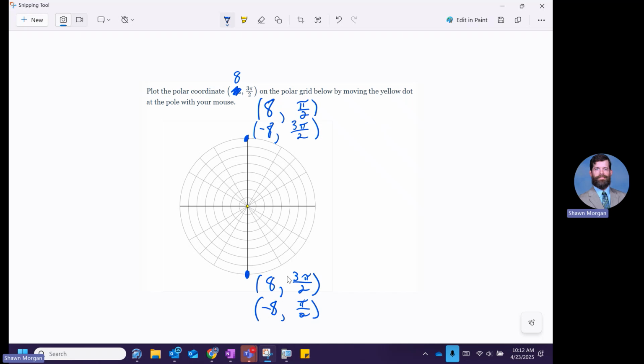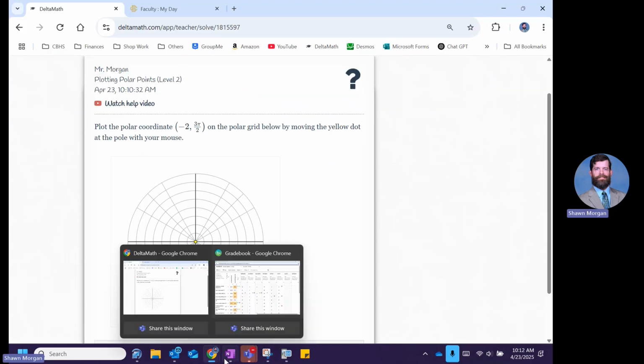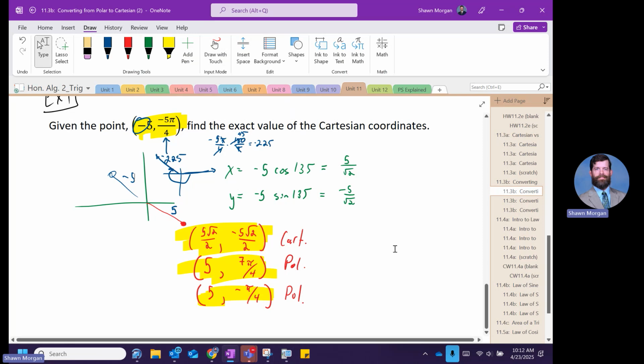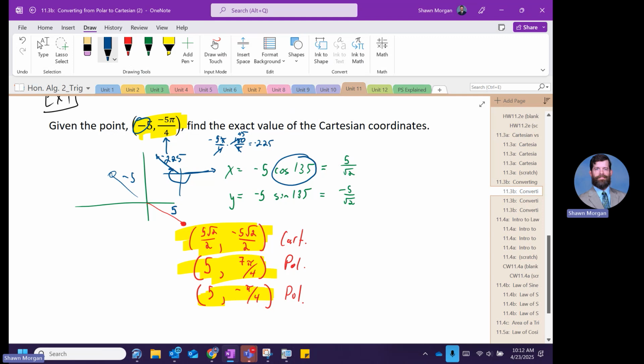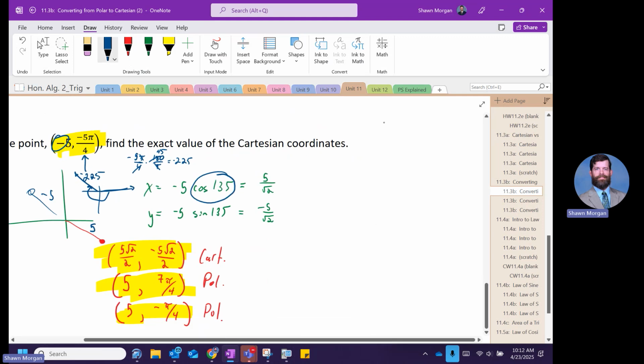Finley, what you got? Can you go back to Delta Math? Lesson notes. I think you get to the 5 and 2. That is a question of, do I know how to evaluate cosine of 135? So 135 degrees, second quadrant bisects it.